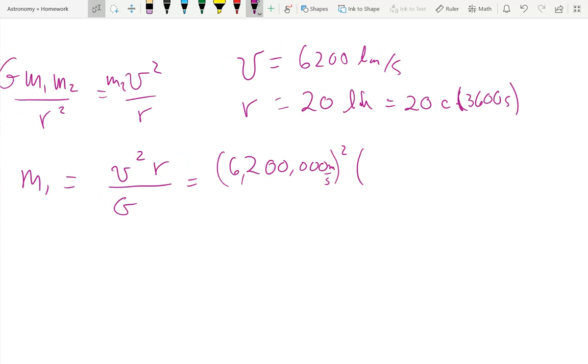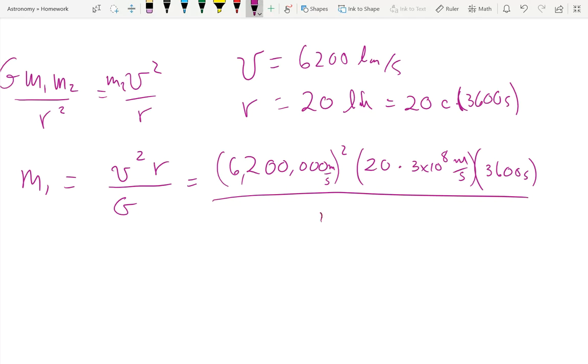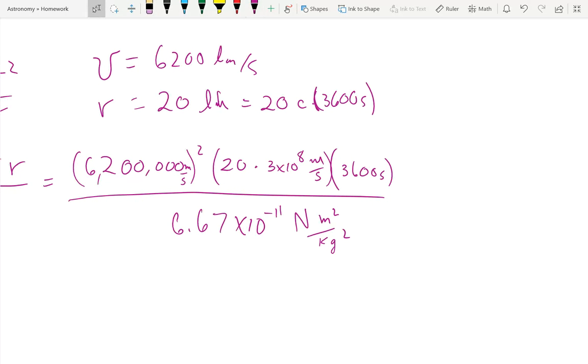Times. I always write this way. So now it's all in standard units.